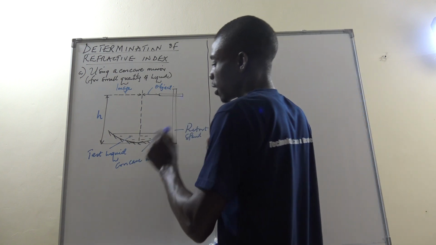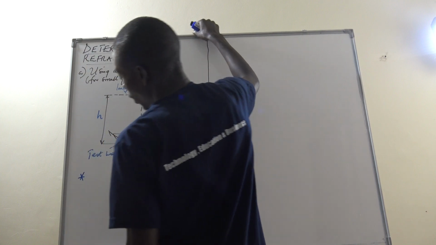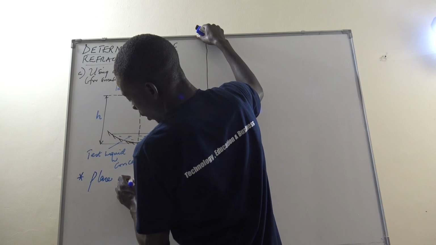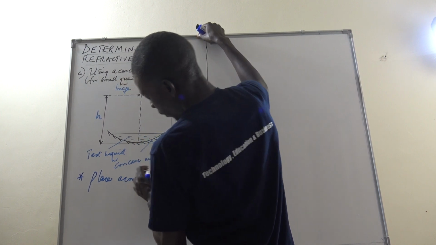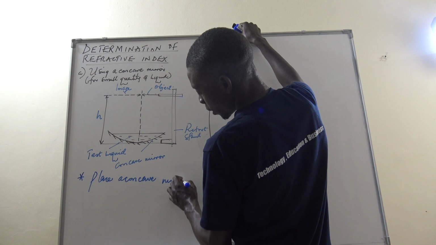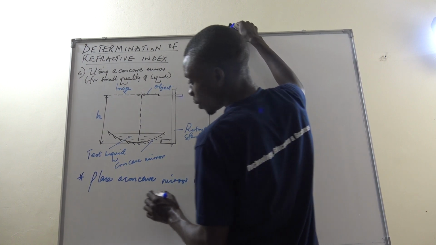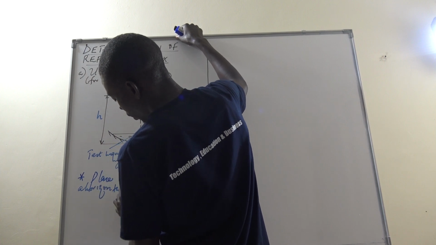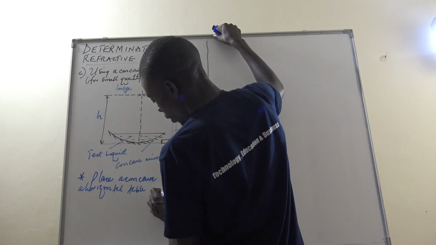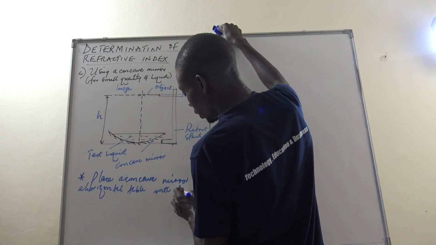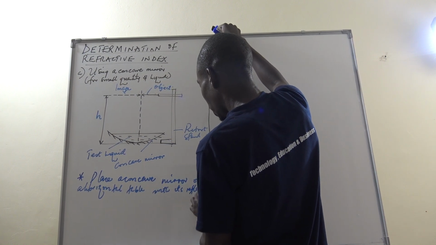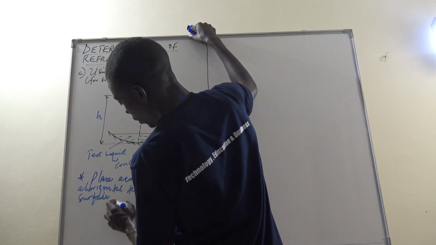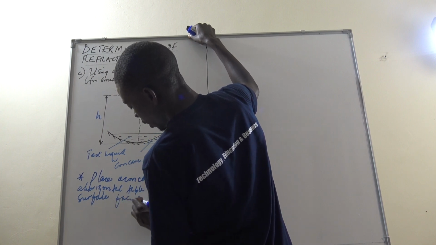In doing this, number one, you are supposed to place a concave mirror on a horizontal table with its reflecting surface facing upward.